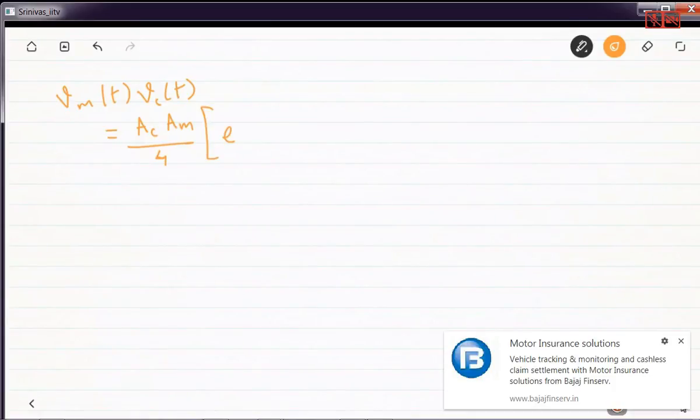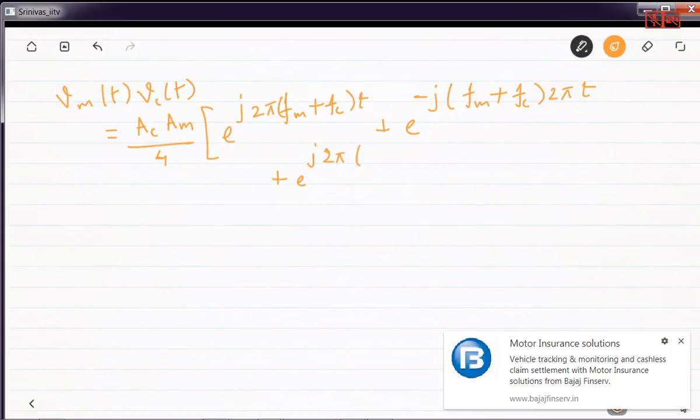So Vm of t into Vc of t is equal to Ac Am by 4 into e power j 2 pi Fm plus Fc into t, plus e power minus j 2 pi Fm plus Fc into t, plus e power j 2 pi Fc minus Fm t, plus e power j 2 pi Fc plus Fm t.